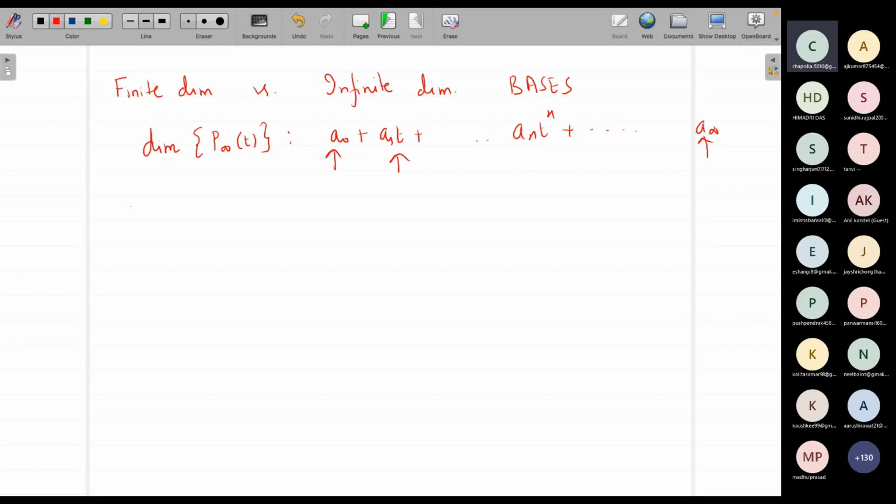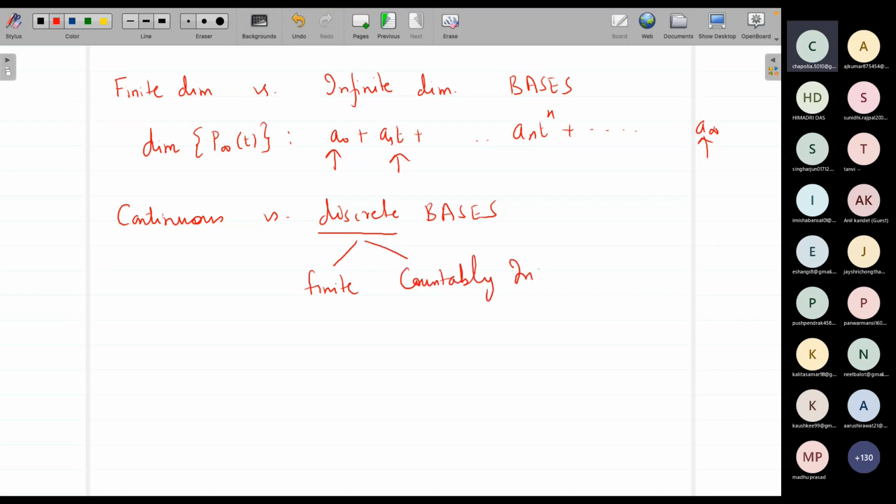But then we can have continuous versus discrete basis. Now, what will be the discrete basis? Whether it is finite or countably infinite. This is the same definition which you have.